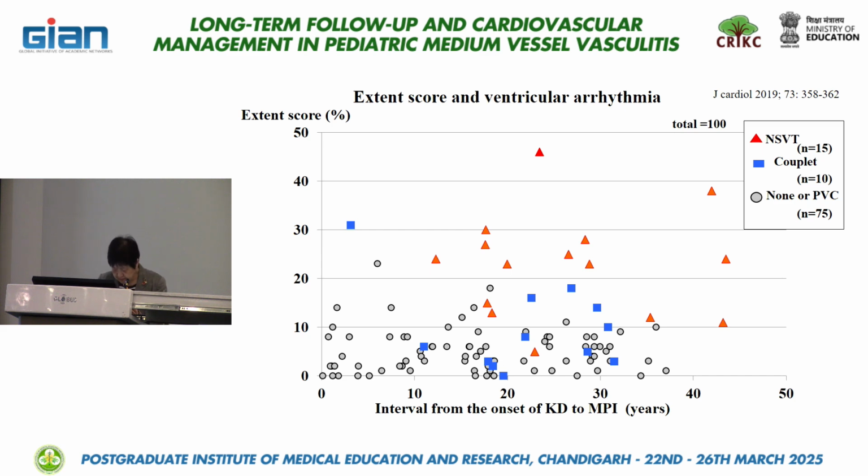Yellow circles and crosses indicate no arrhythmia or single PVC. Blue squares denote couplet, and orange markers denote NSVT. As you can see, orange markers cluster in the right upper area.